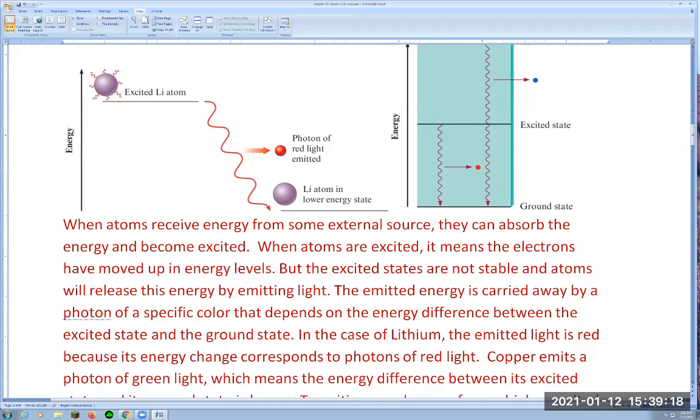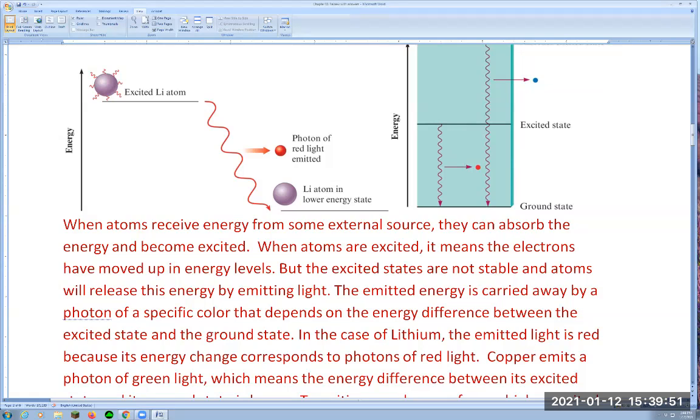When the electrons are in the ground state, we say that the atom is also in the ground state and it's not excited. When atoms receive energy from an external source, they can absorb that energy and become excited. When atoms are excited, it means the electrons have moved up in energy levels. But the excited states are not stable, and atoms will release this energy by emitting light.